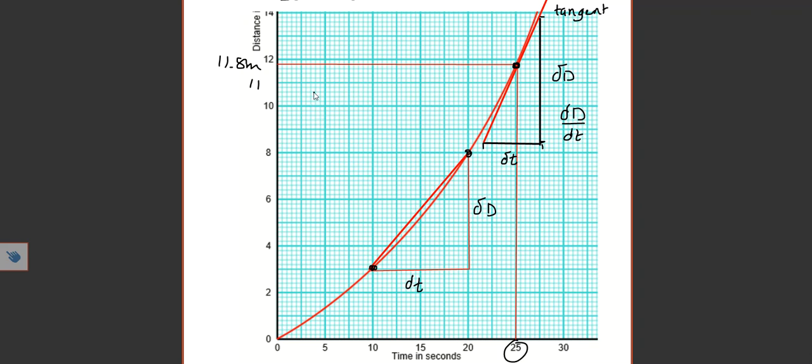After we've done a bit of optimization, we're going to be looking at these, because in this kind of situation we are looking at gradient, dy/dx or dD/dt, a lot of it as a rate of change. So can you see that by doing the gradient at this point, we are looking at how quickly distance changes at a specific time?